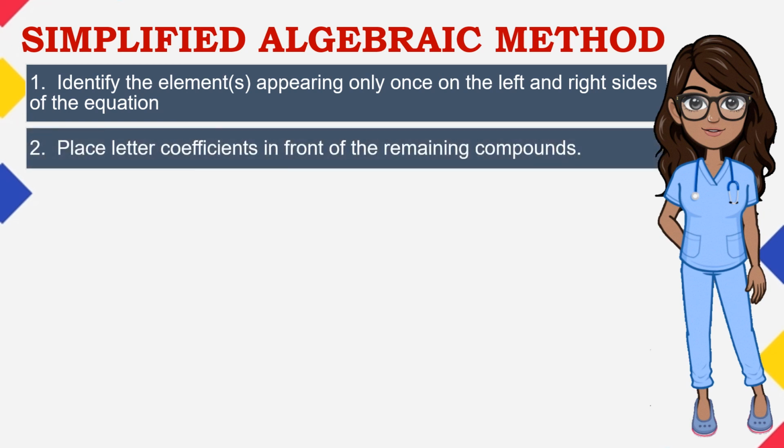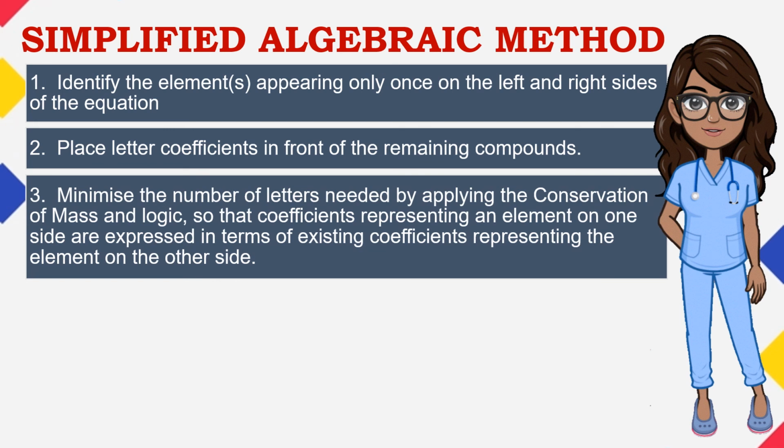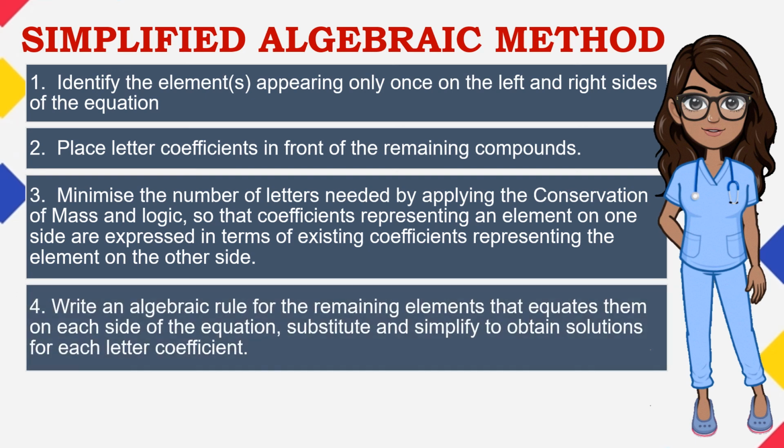Second step is to place letter coefficients in front of the remaining compounds. Third is to minimize the number of letters needed by applying the conservation of mass and logic, so that coefficients representing an element on one side are expressed in terms of existing coefficients representing the element on the other side.